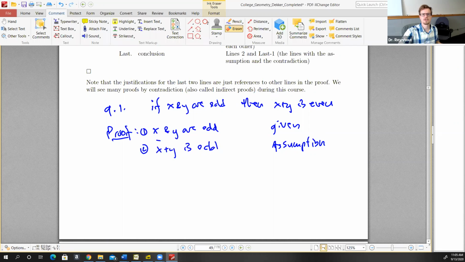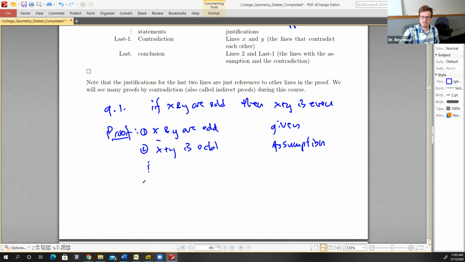But what happens here is we make a collection of statements, and let's say here on the 5th line, I don't know how many it takes, we end up with x or y is even. That would be a contradiction.